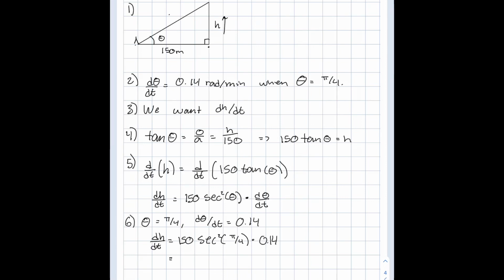Secant of pi over 4 is the square root of 2, so this is going to be 150 times square root of 2 squared times 0.14, and multiply that all together, and we get 42. But I need some units on this because I was given units in my problem.